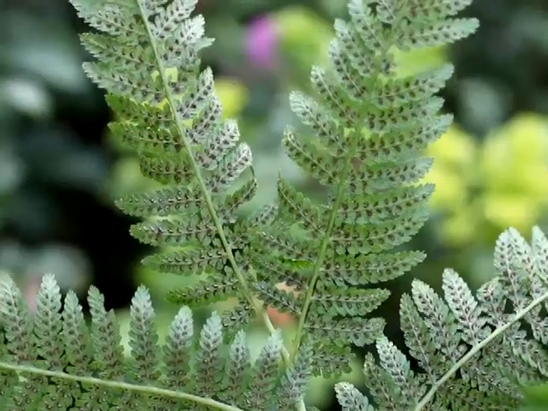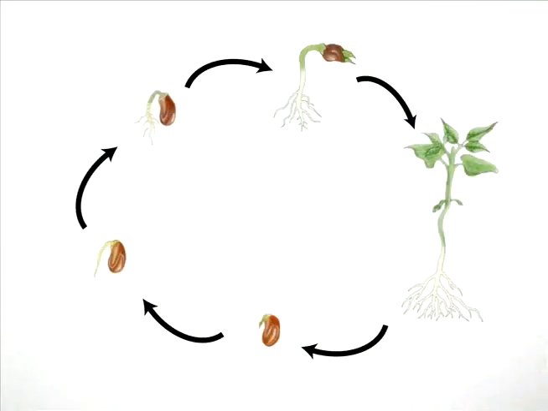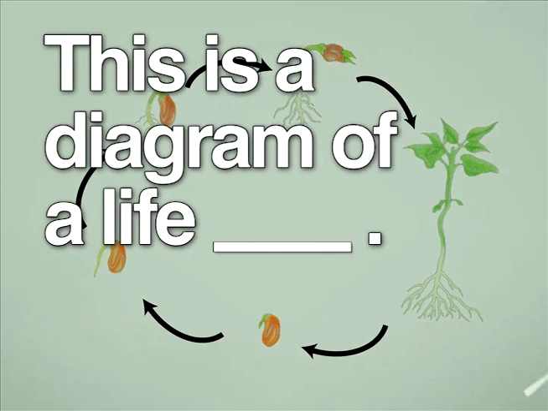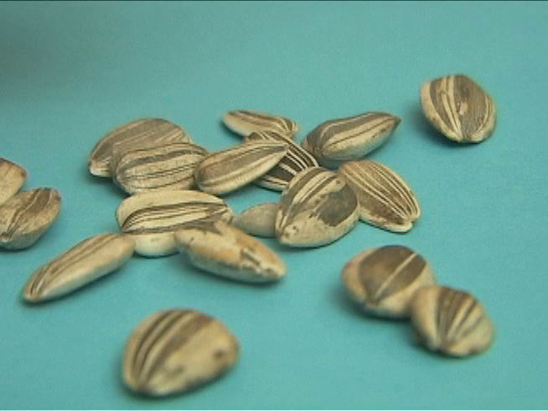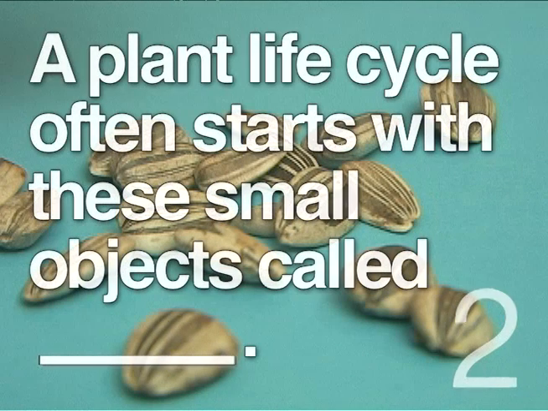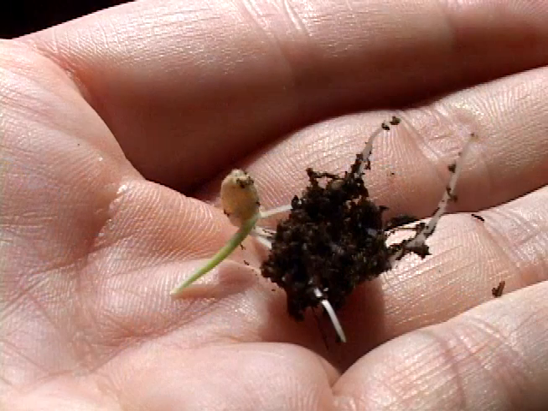Fill in the correct word to complete the sentence. Number 1. This is a diagram of a life. Number 2. A plant life cycle often starts with these small objects called. Number 3.